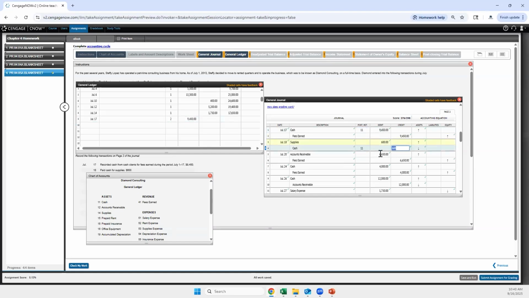And then the next one is 600 as a credit. Then our running balances, because of these entries, 27,100 and 26,500.